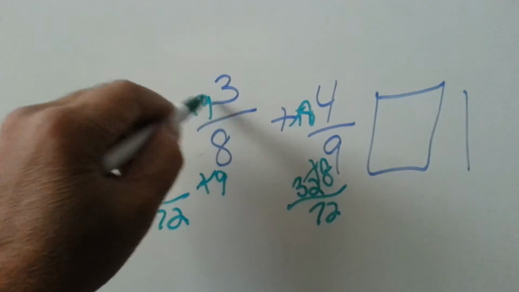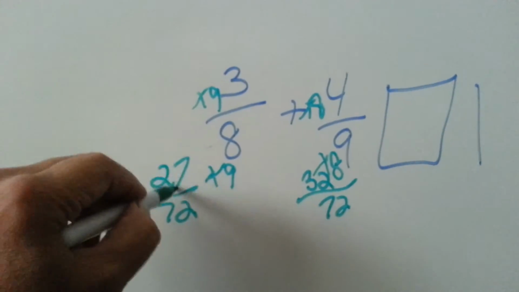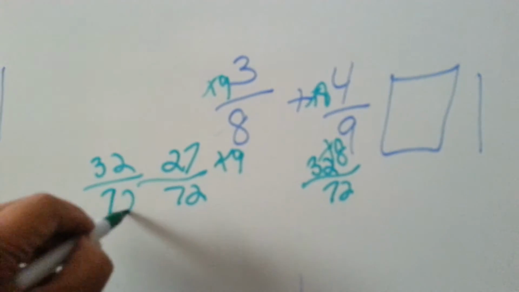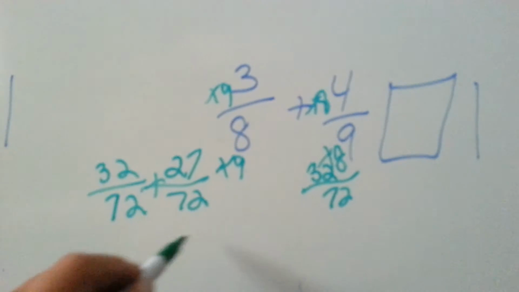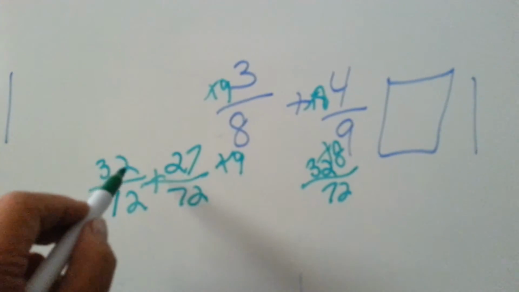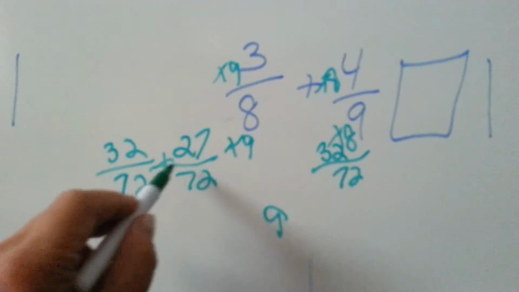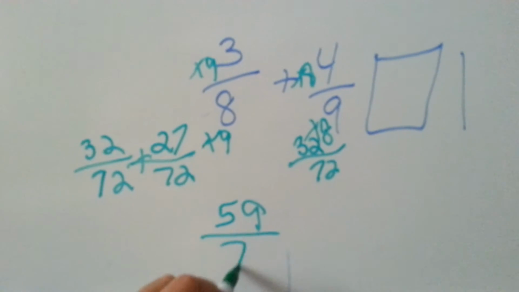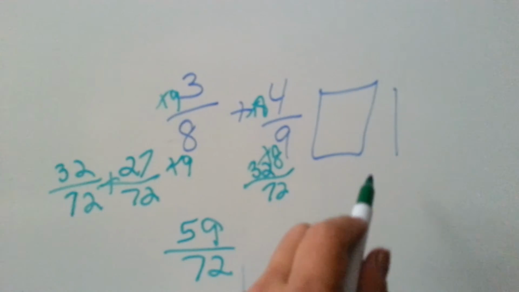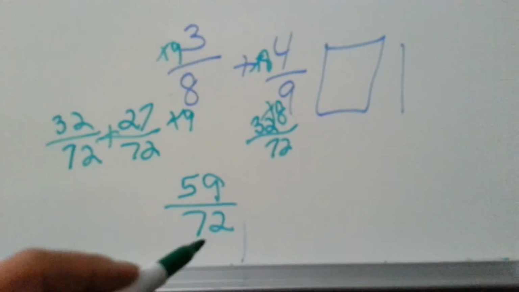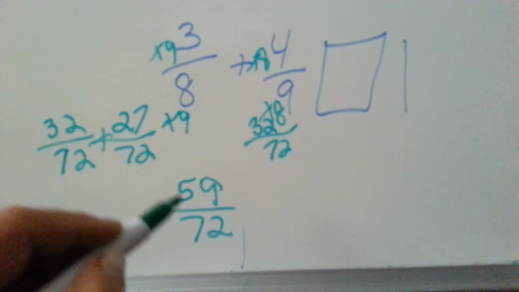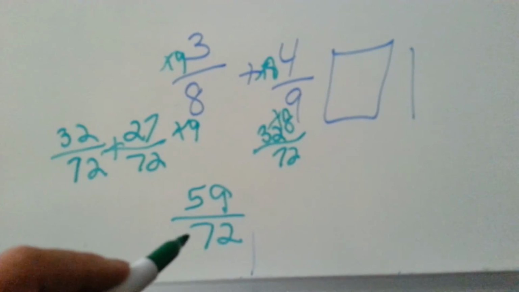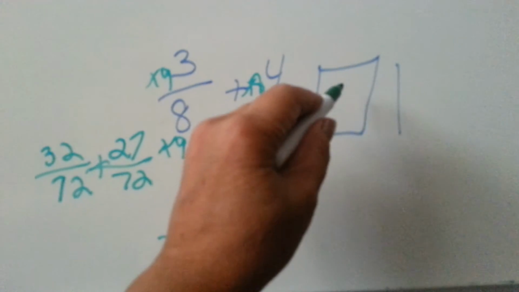This gets jealous, it wants to be multiplied by 9, and that's 27. So now we've got 32/72 plus 27/72, which gives us 59/72 compared to 1. Well, the denominator has to be the same as the numerator, so it would have to be 72/72 in order to be a 1, so this one is less than.